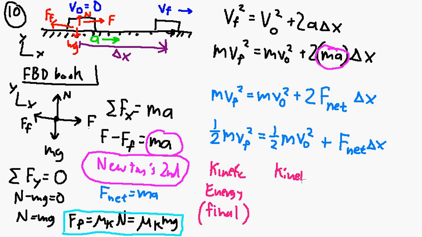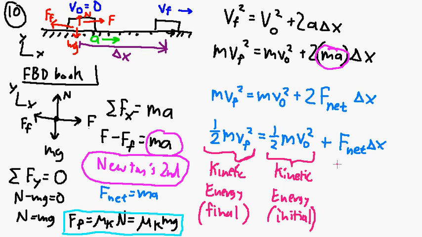And this is the initial kinetic energy. So this term here is final kinetic energy, 1/2 m v final squared. 1/2 m v 0 squared is initial kinetic energy.